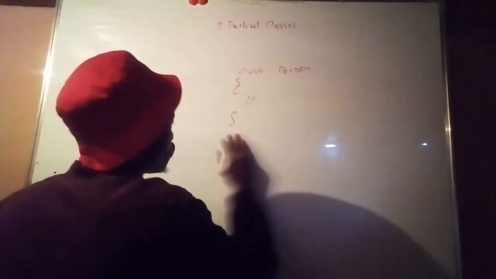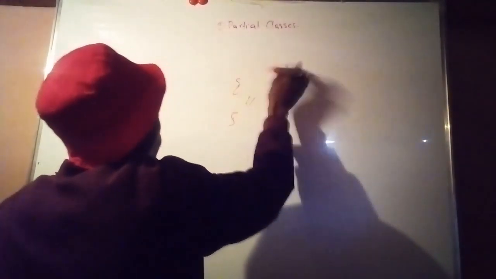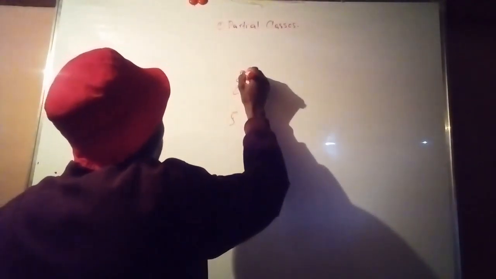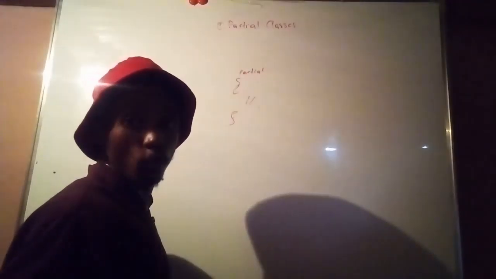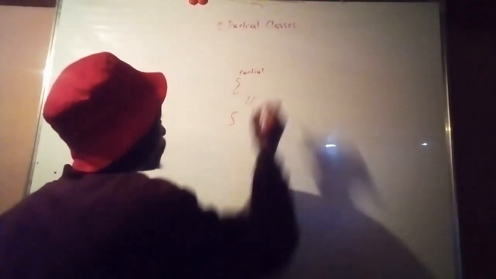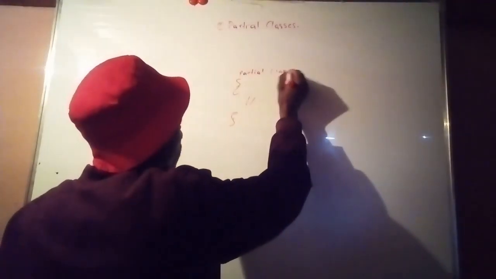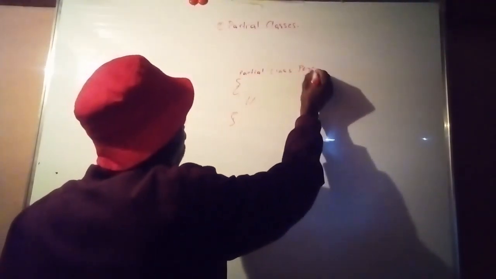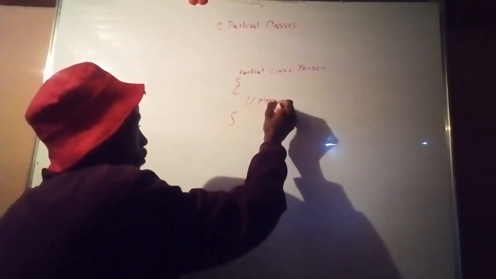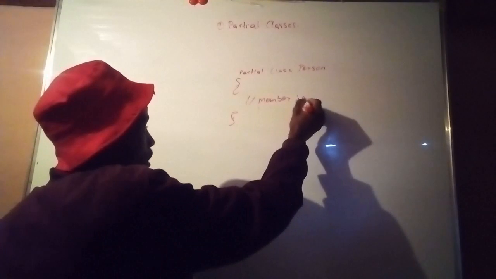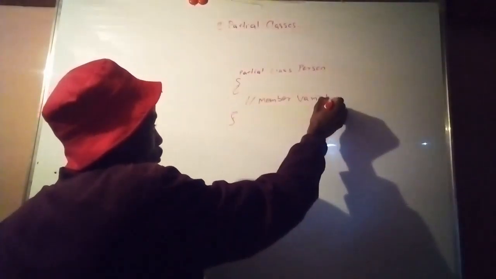So for example, this is how you do that. You can make your partial class like this. Use the partial keyword to design partial parts of your class, and say partial class Person. Maybe let's say you declare all your member variables in this part of the class.